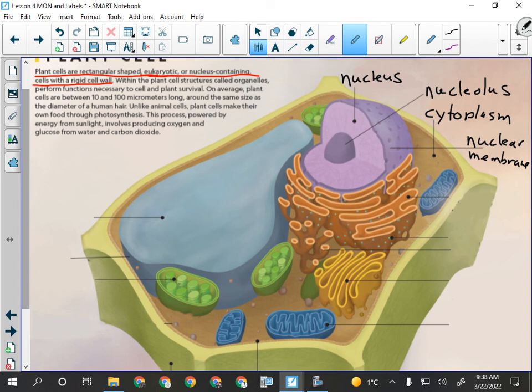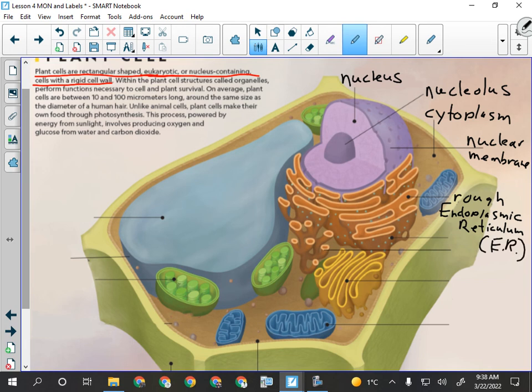Okay. Next line down, the one that's pointing at this kind of orangish brown stuff that's got the little turquoise dots on it. Okay, that stuff is called rough endoplasmic reticulum, which you can mercifully abbreviate ER.